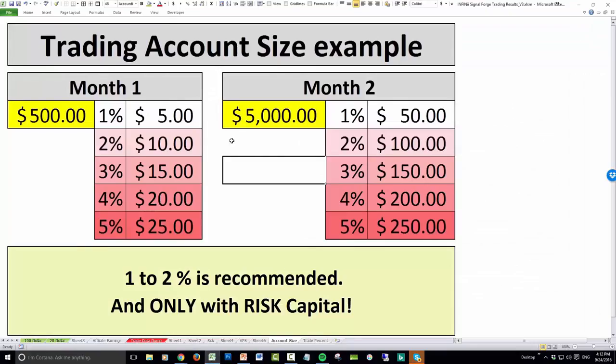So looking here, we've got month 1, say you start off at $500, say you're risking 2%, so you're risking $10 per trade, that's what you've got it set at. Then come month 2, now your account is, I don't know, say $800. So again, at your 2% risk, you will increase your trade size to $16, and you'll continue to scale up.